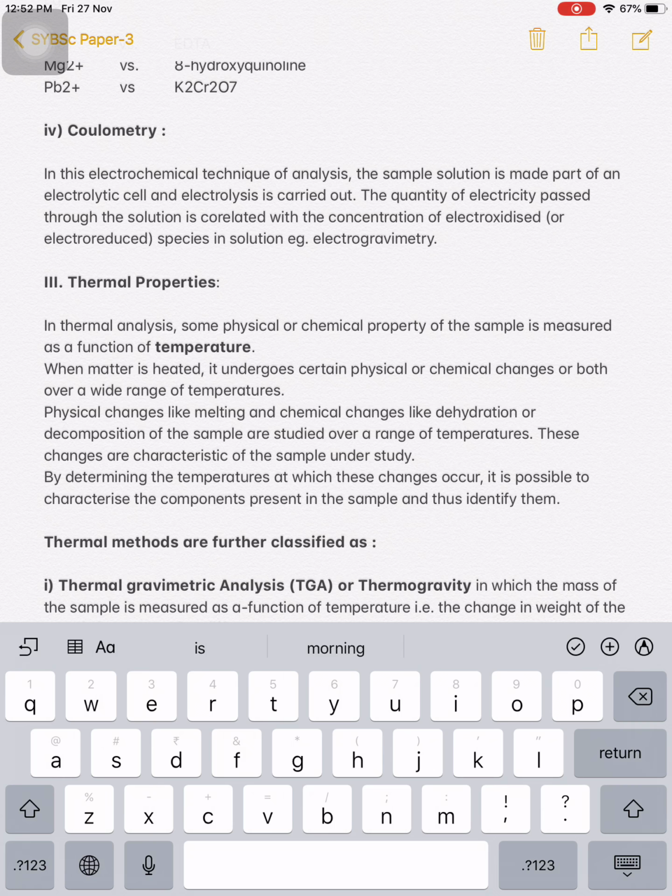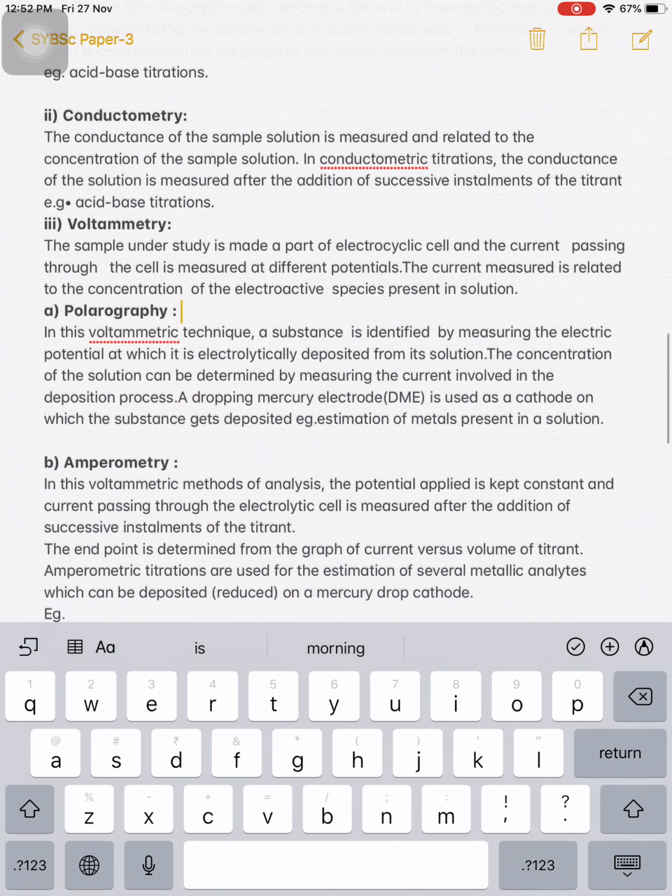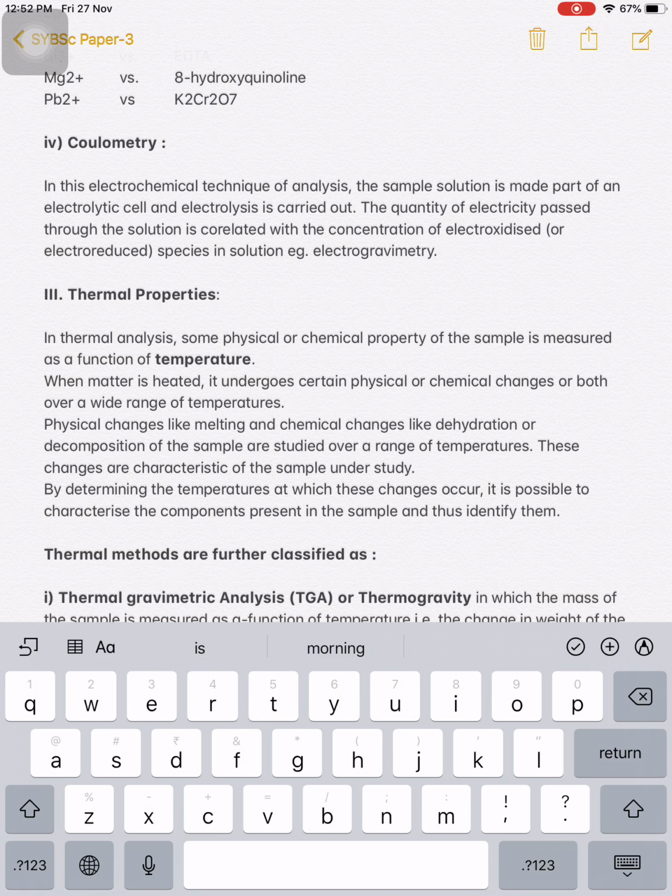The fourth point in electrochemical properties is coulometry. In this electrochemical technique of analysis, the sample solution is made part of an electrolytic cell and electrolysis is carried out.